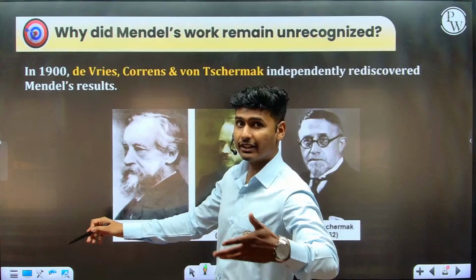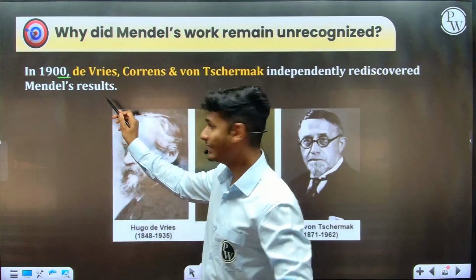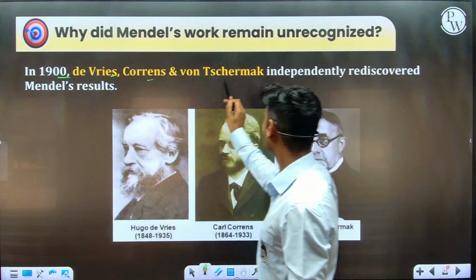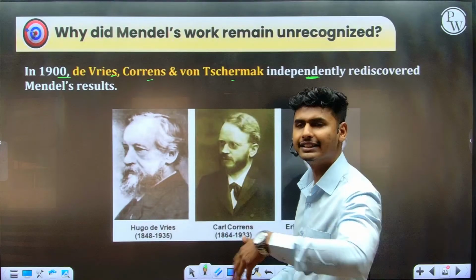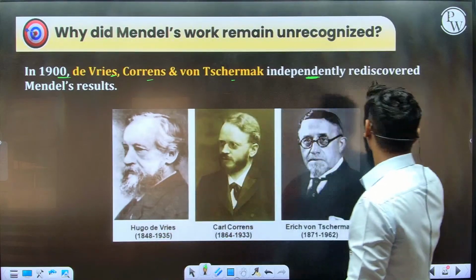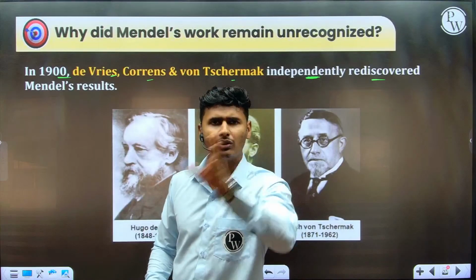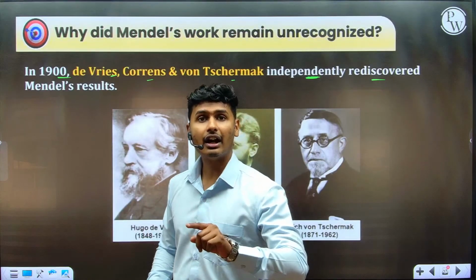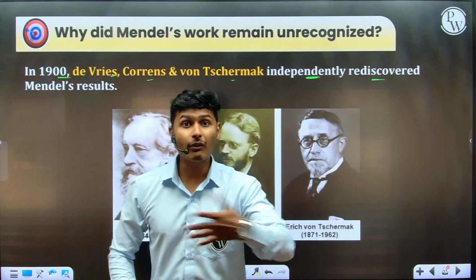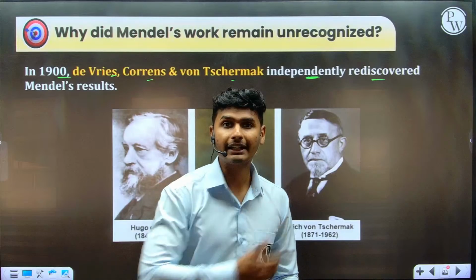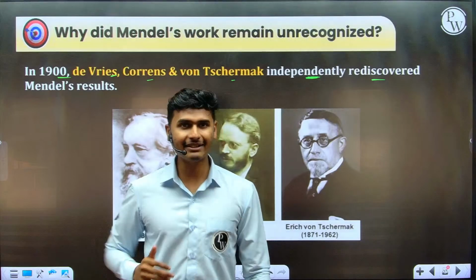After 30 to 40 years, in the 1900s, Hugo de Vries, Correns and Tschermak, independently in their own countries, rediscovered Mendel's results, and they concluded that Mendel was so good in his studies. After that, Mendel was awarded the Nobel Prize also, but he was not alive at that time.